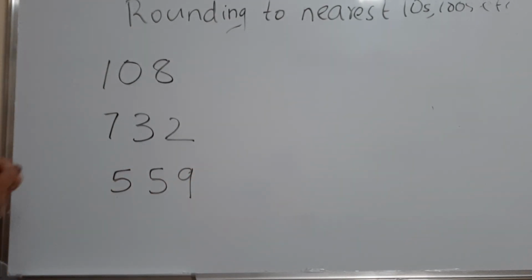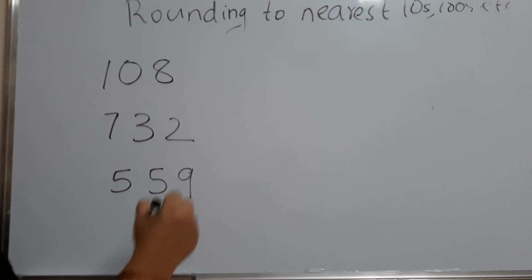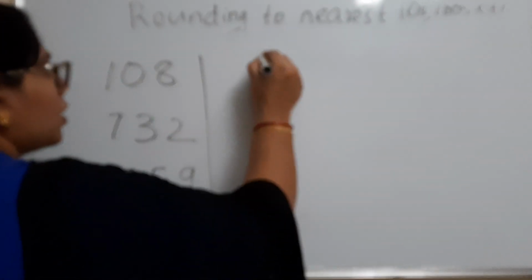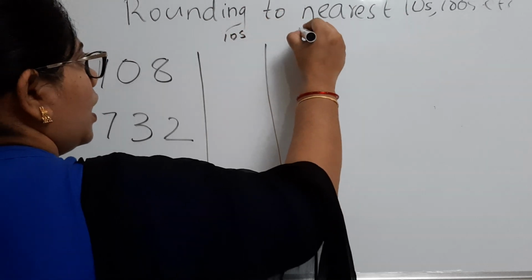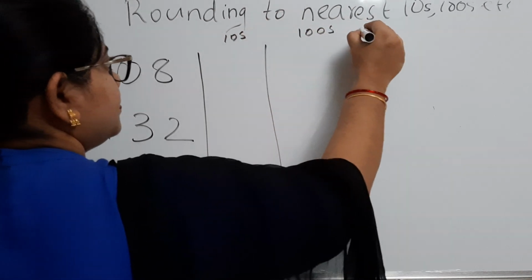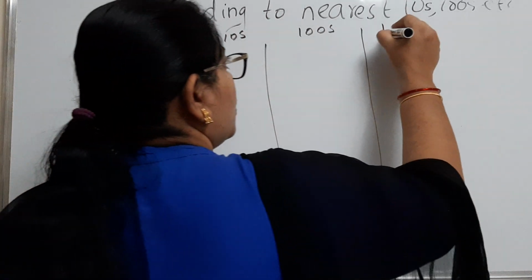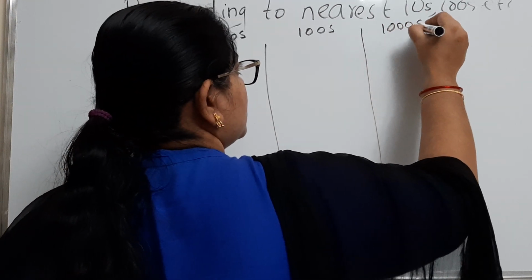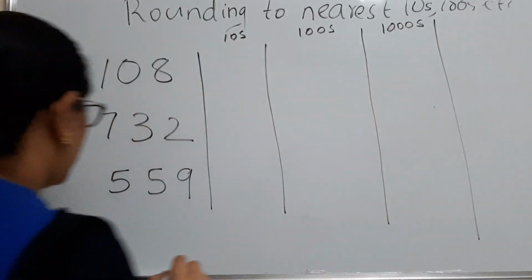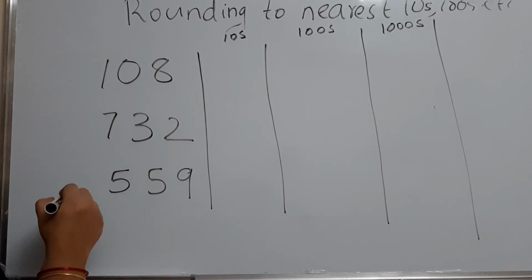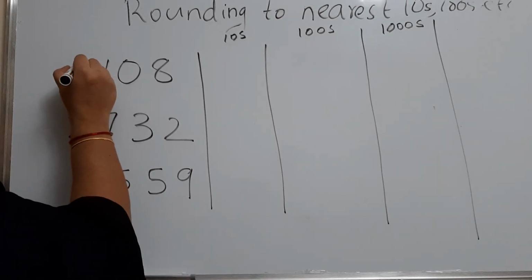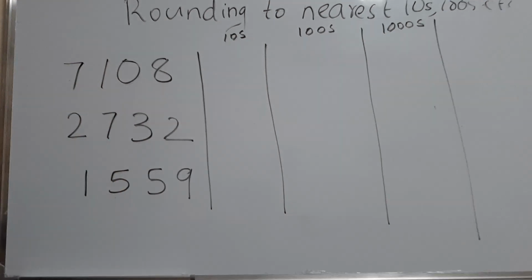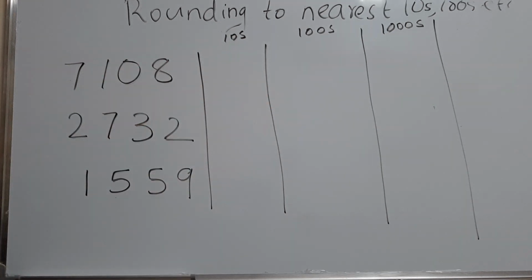Okay, these numbers I am going to round to tens, hundreds, thousands. So I will take one thousand term also, then only I can write thousands easily.